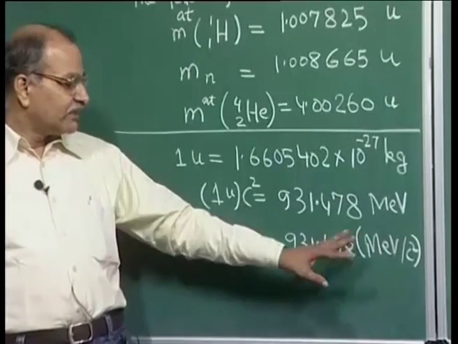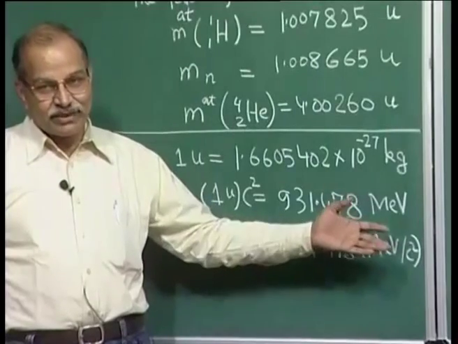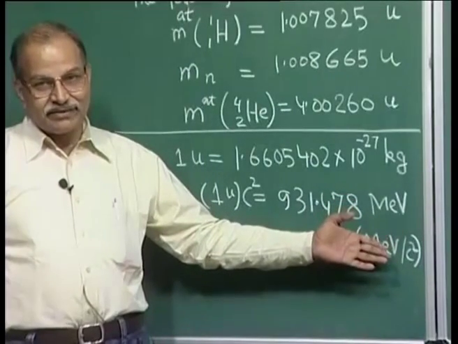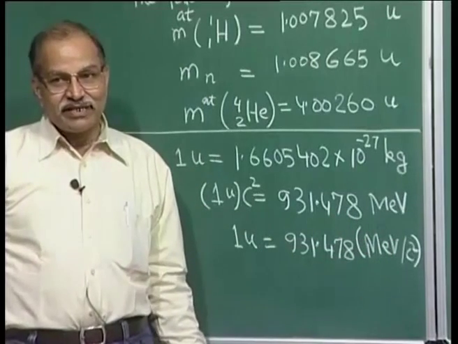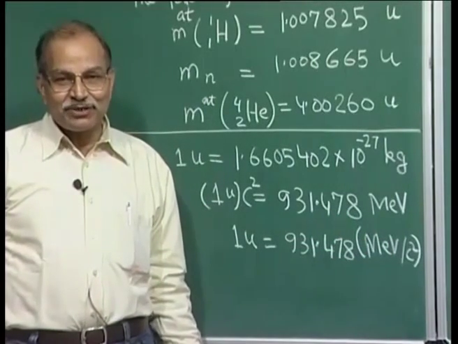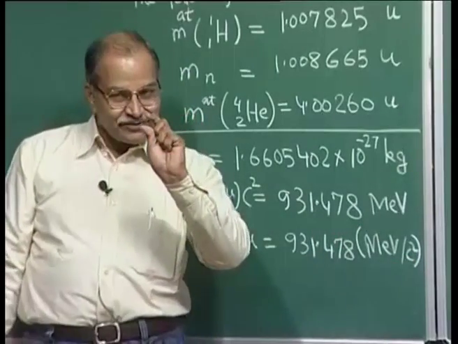Okay. Similarly, GeV by c square, giga electron volt by c square, kilo electron volt by c square, and so on. Mass of electron will be 511 kilo electron volt by c square. So, energy by c square is taken as units of mass.